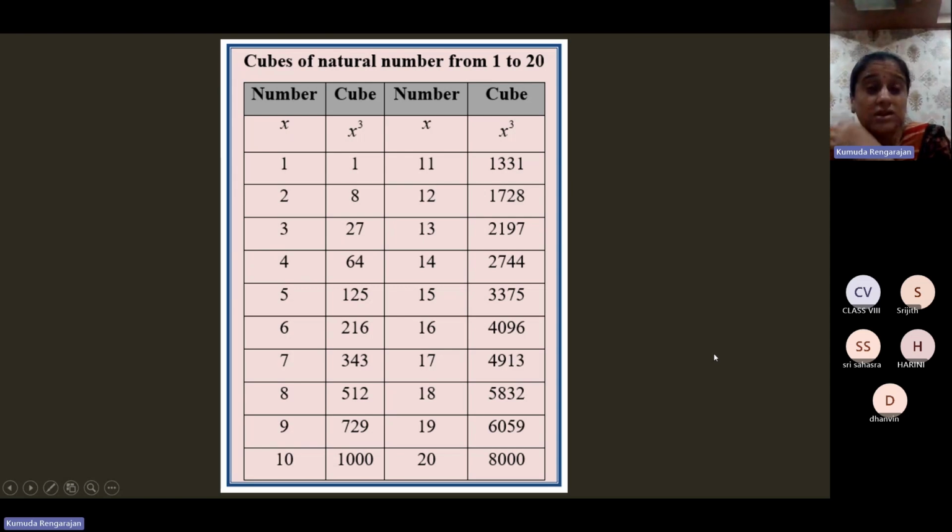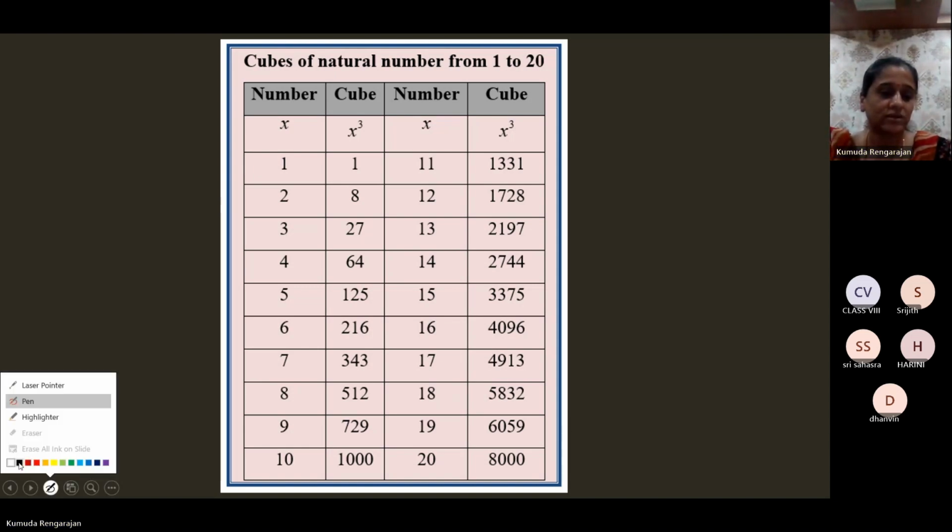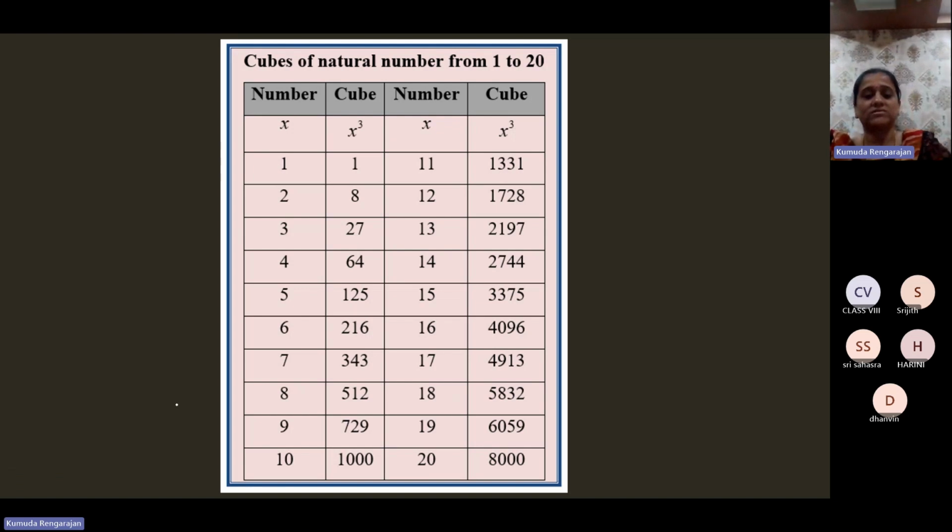So here I have tabulated the cubes of natural numbers from 1 to 20. So you need to memorize them. The benefit of memorizing is, see, if you have to find the cube root of 4913, the cube root is 17, and 17 is a prime number. You will be trying hard by 2, by 3, by 5, by 7.